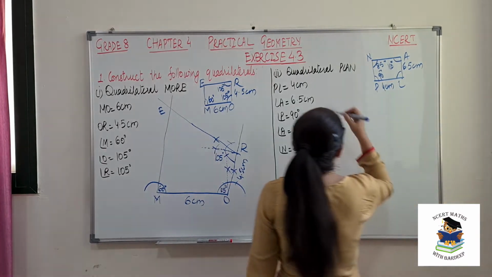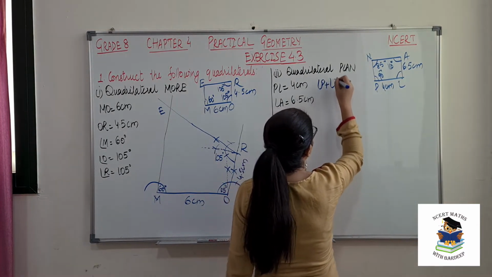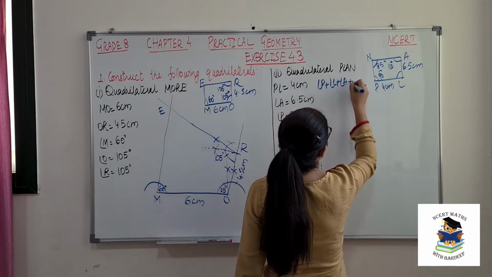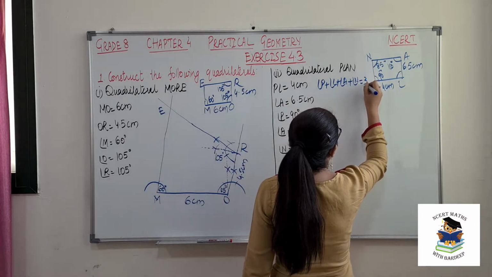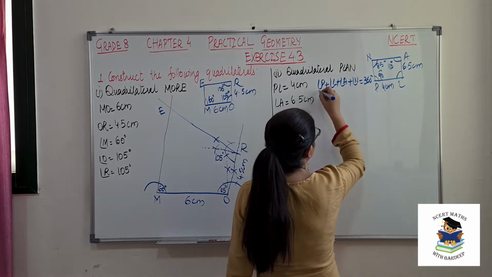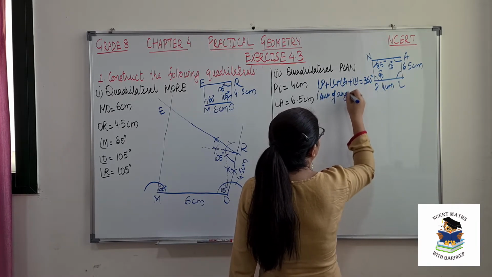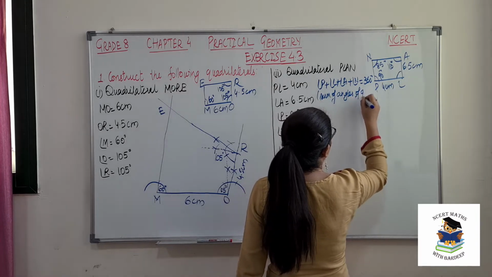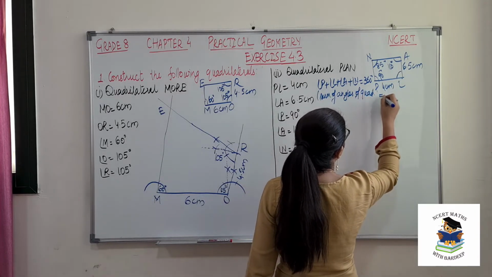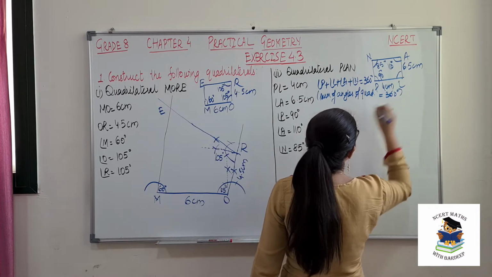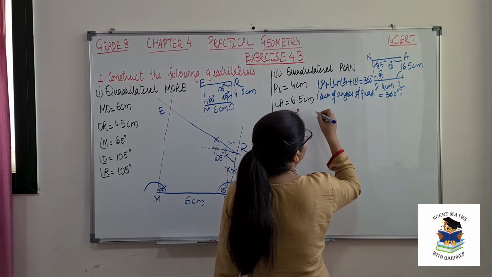So let's see, angle P plus angle L, A and N is 360 degree, because the sum of angles of a quadrilateral is equal to 360 degree. So let's put the values.